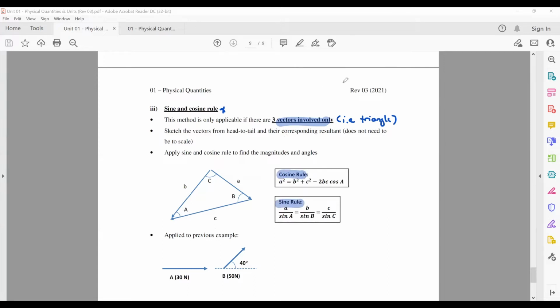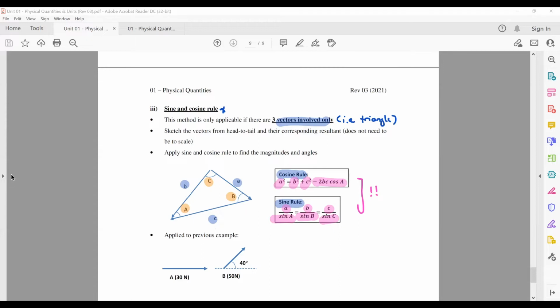If you have a triangle with sides a, b, and c, with corresponding angles of capital A, capital B, and capital C, cosine rule will tell you that a squared is equal to b squared plus c squared minus 2bc cos A. Whereas sine rule will tell you that a over sin A is equal to b over sin B, which equals c over sin C. This is important to remember if you want to use sine and cosine rule.